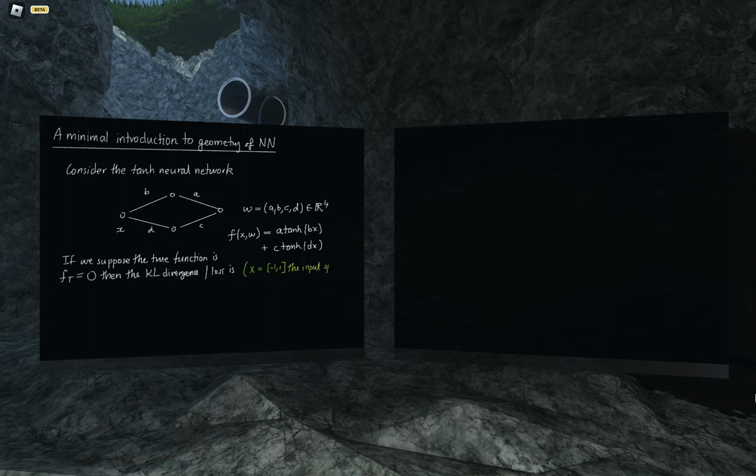So that's the space that contains the x's, and I'll take the uniform distribution on that.